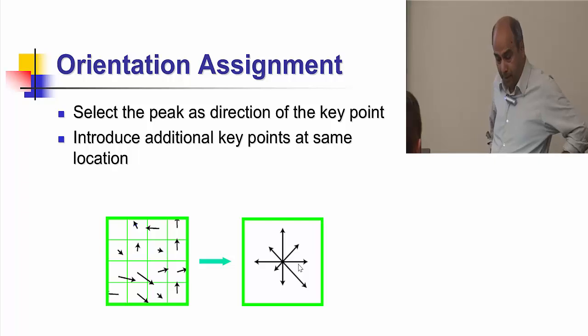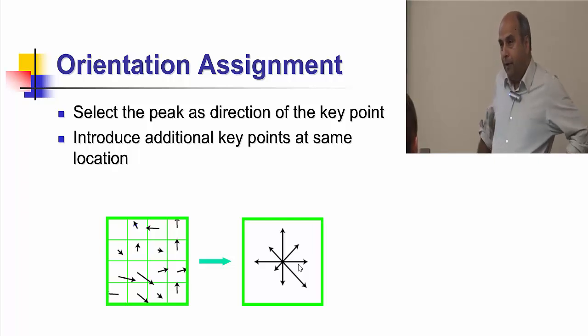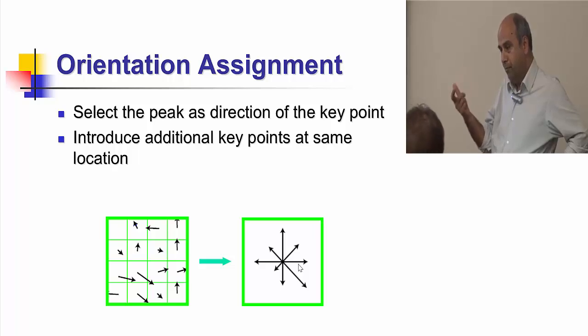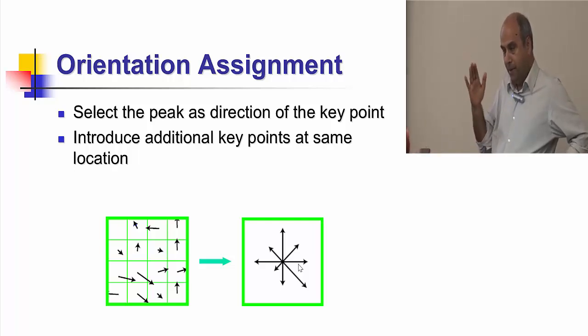Now it can happen that for some interest point there are two peaks which are very close, then that's a problem because there's no unique peak. So if that is the case, then we are going to introduce one more peak for that interest point. It is a peak which is the highest, but also the next highest.